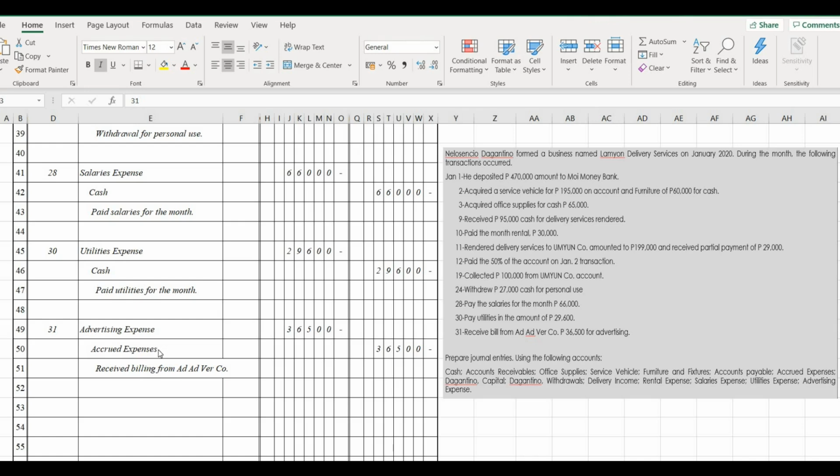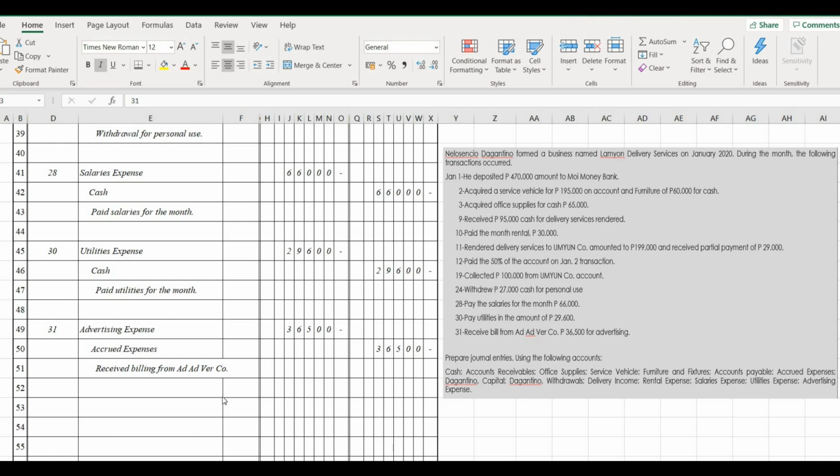So accrued expenses account is a more applicable na account because this is an expense which is already incurred but not yet paid. So accrued expense account would be more appropriate na to use since it's also given in the chart of accounts.